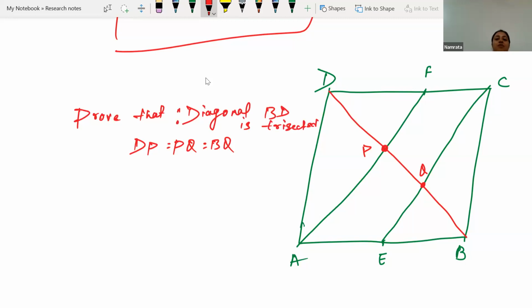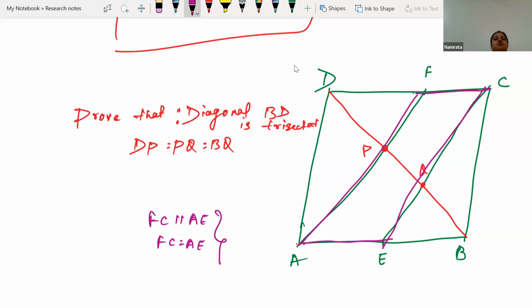First thing first, we have proved that this purple one is a parallelogram. It was very simple to prove, because we just proved here that FC is parallel to AE and FC is equal to AE.